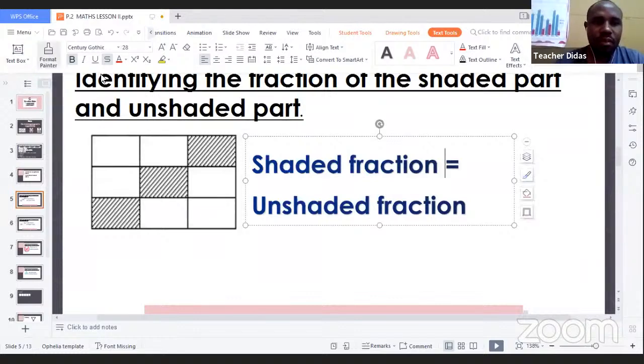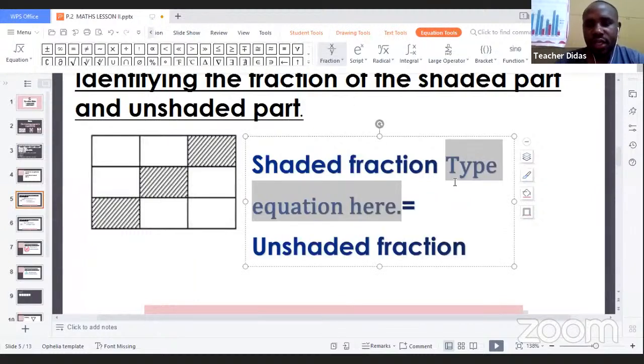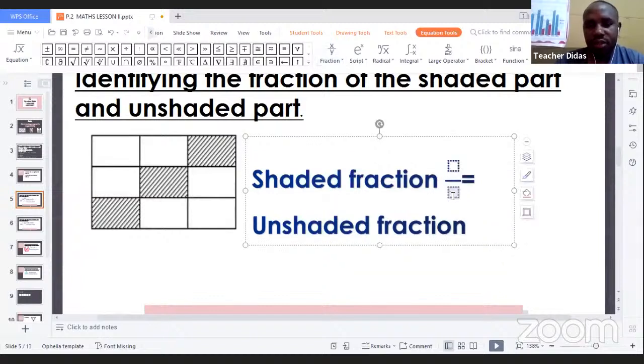After that, what are we going to do? We come here and insert our fraction. The part of the fraction that is down is 9.